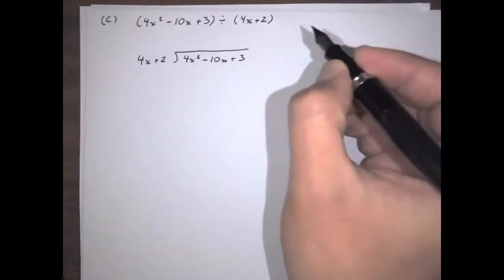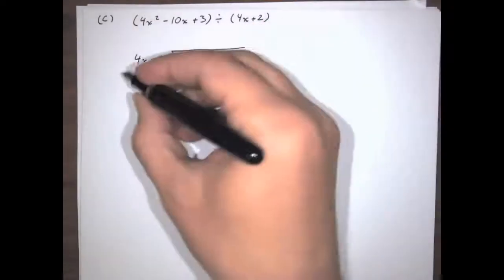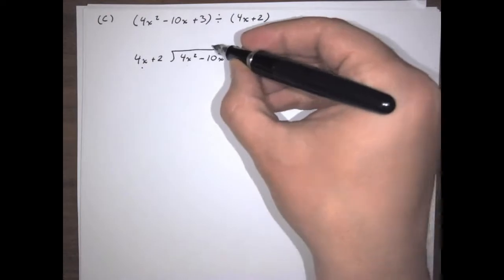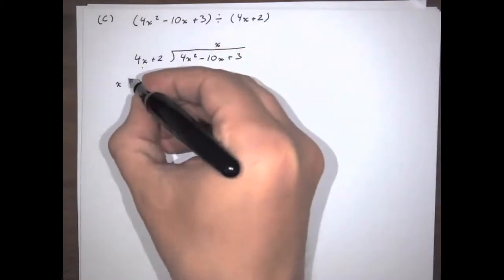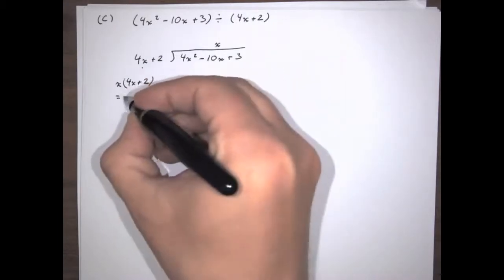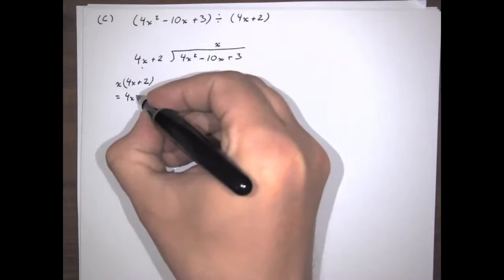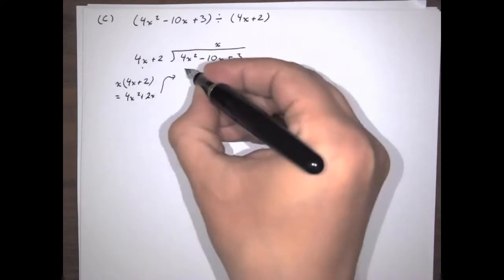Now we ask ourselves the same question. What do we have to multiply that by to make that? And the answer is, it's going to have to be just an x. So then x times 4x plus 2 will equal 4x squared plus 2x. That goes up here.